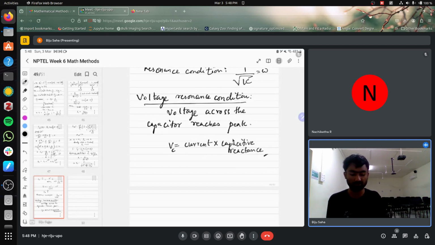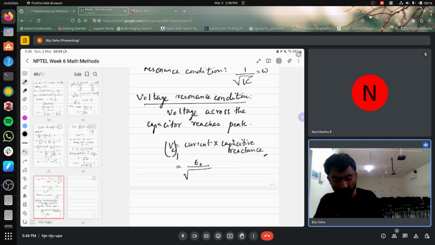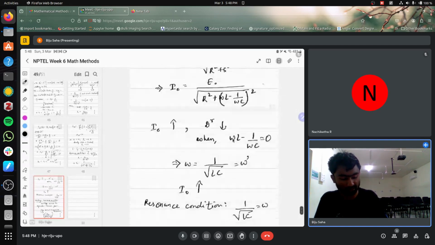So the voltage difference across the capacitor is given by the current flowing, that is my E0. This is not the peak value but the amplitude of the voltage. So we take the amplitude of the current, that is, E0 over the square root of R square plus omega L minus 1 by omega C whole square.